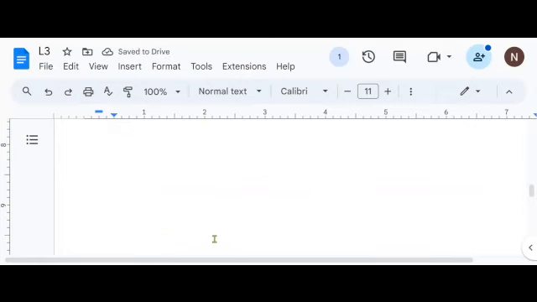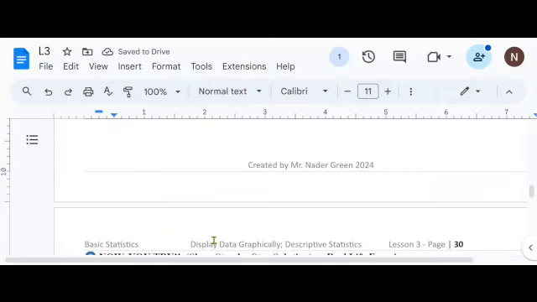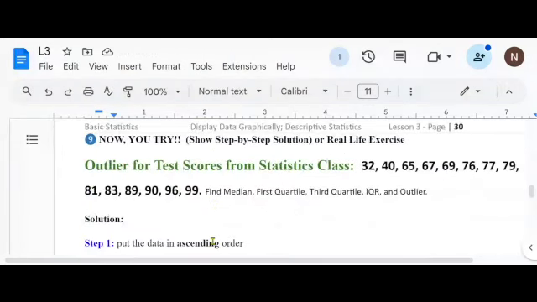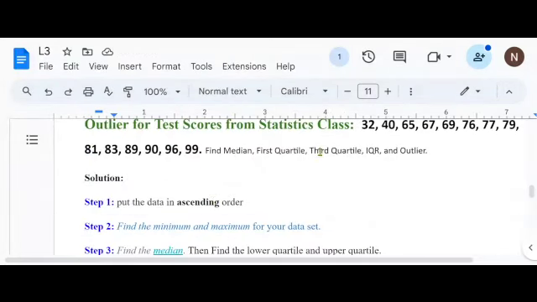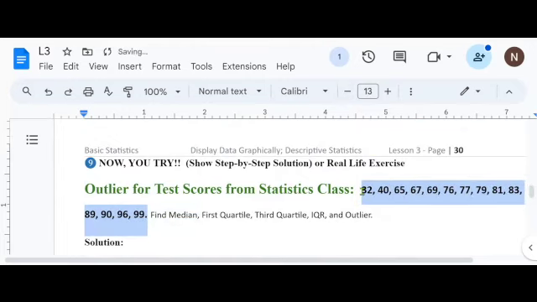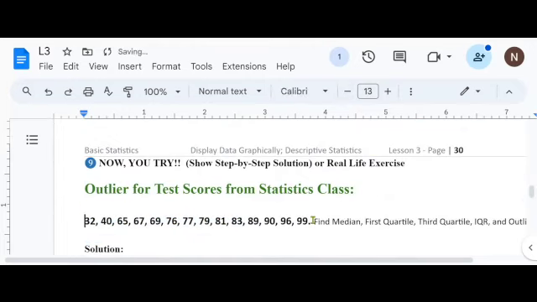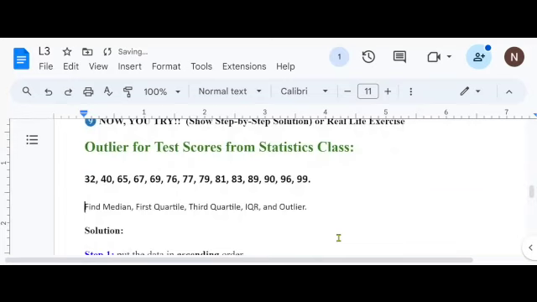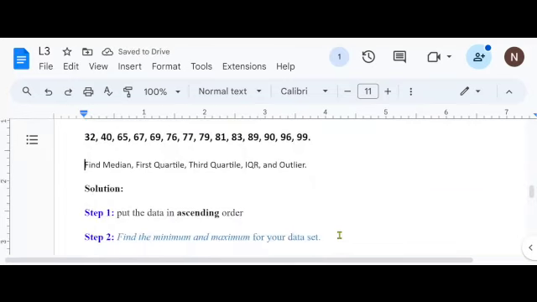Okay. So can you do one? Did you write the formula? Now, what are the numbers here? Okay, those are the numbers, 32 until 99. How many numbers are those? 14?